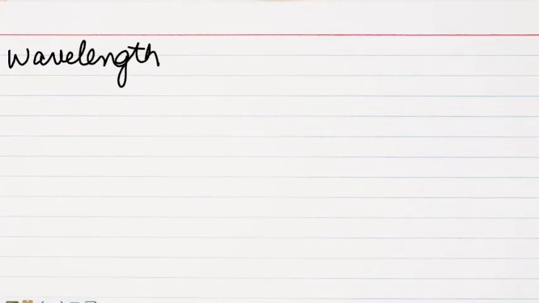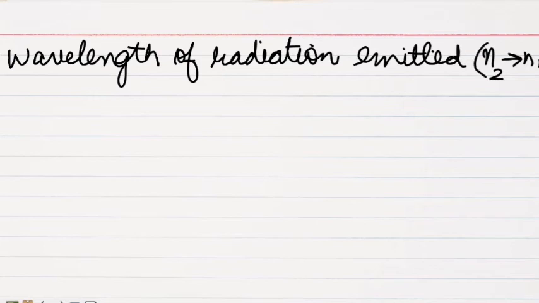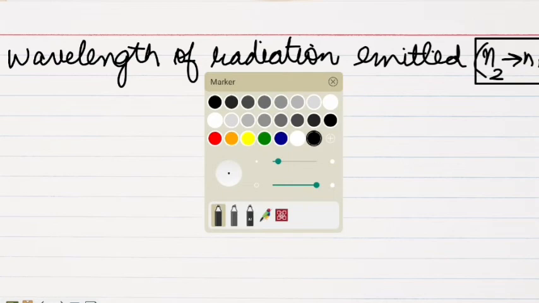Now let's talk about the wavelength of radiation emitted when the electron jumps from n2 to n1. The condition provided is that the electron is jumping from n2 to n1. So let us see what the solution will be.